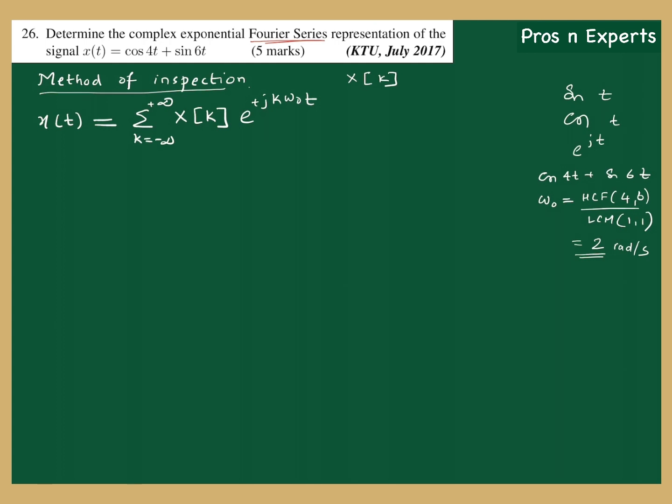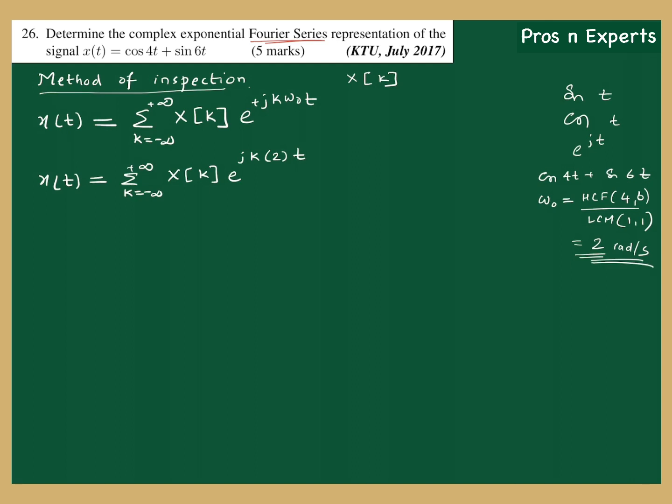So having knowledge about the omega 0 of the given signal, I can again write the signal as x of t equal to sigma over k equal to minus infinity to plus infinity x of k into e raised to j k into 2 into t, because omega 0 equal to 2, as we have found here.